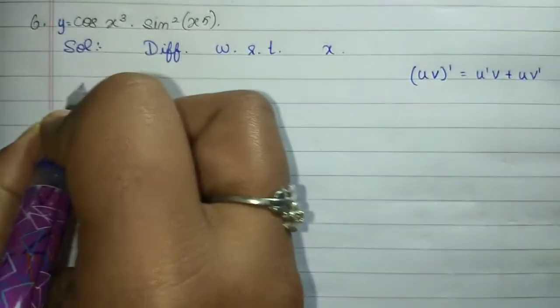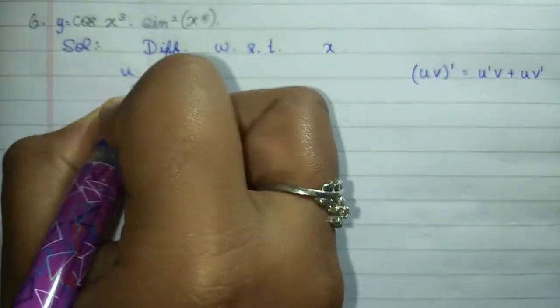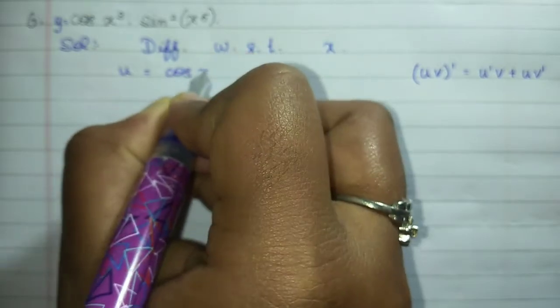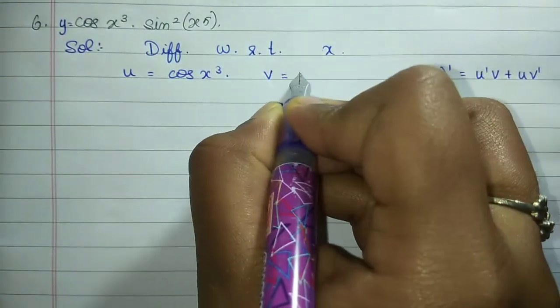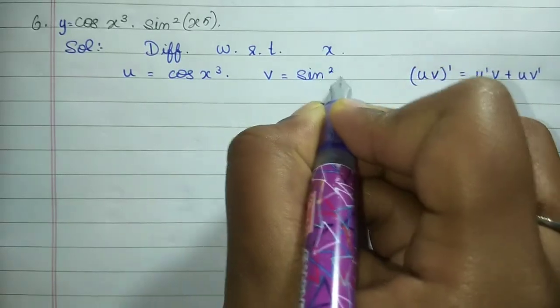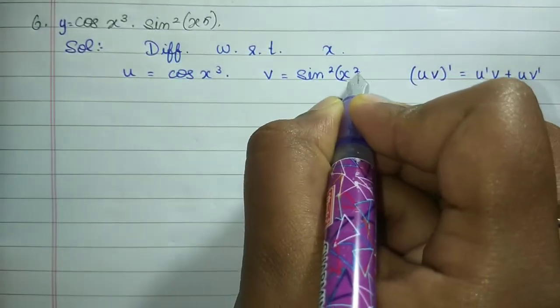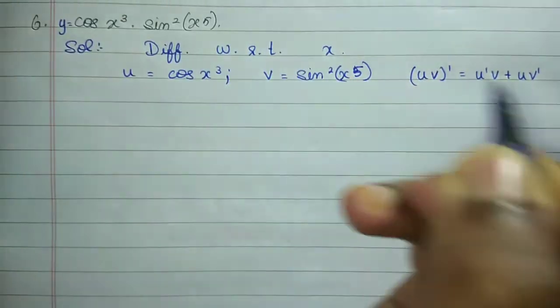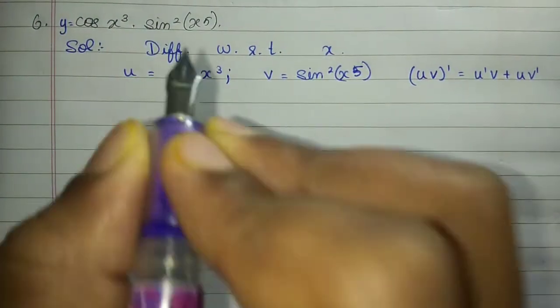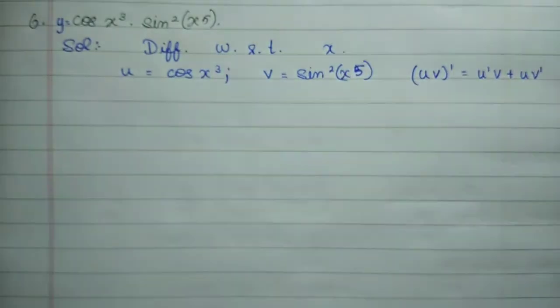So we will be writing this as u is equal to cos x cube, and v is equal to sine square of x power 5. So this is our u and this is our v.